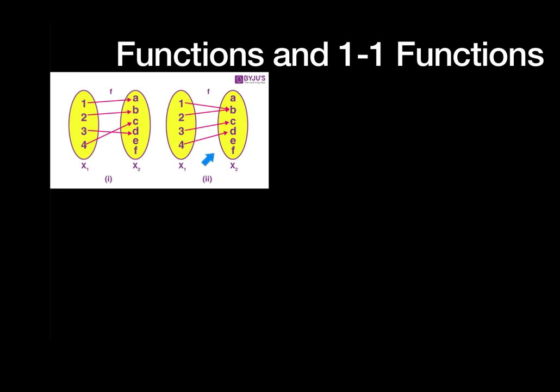This is a function, but b receives both 1 and 2. So this would not be a one-to-one function. This is a function and one-to-one. This is a function not one-to-one. But again, if I took 4 and mapped it to another one, now this is no longer a function.